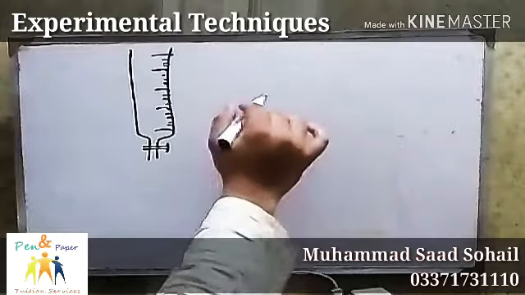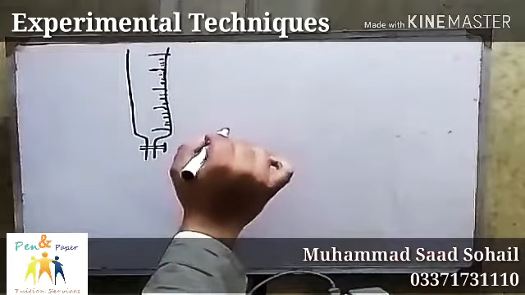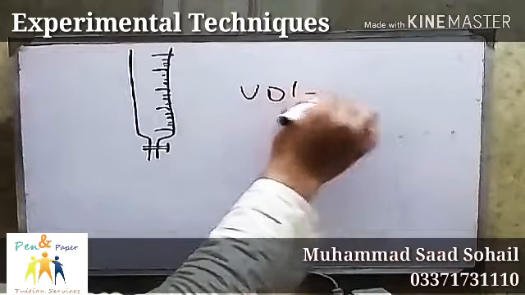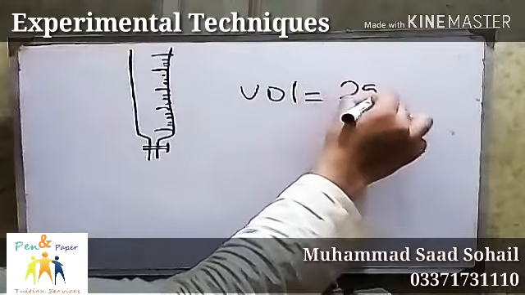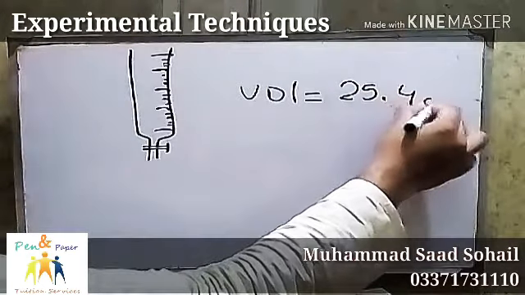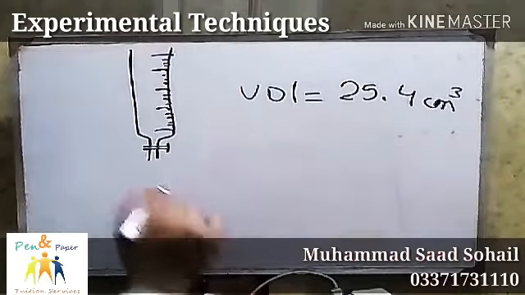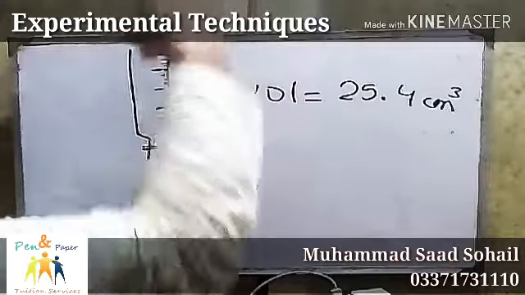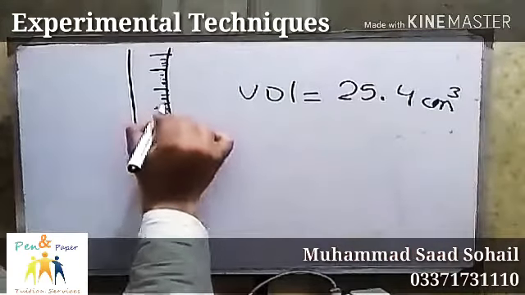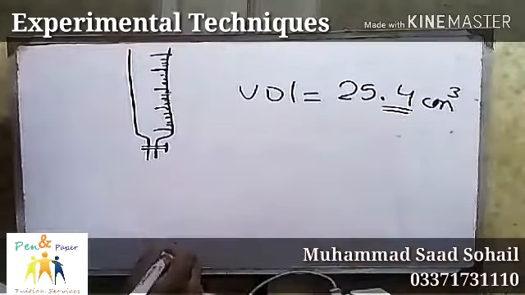For example, you want to measure an amount of liquid with the volume, say, 25.4 cubic centimeters. You would fill the burette from the top, and these markings would be able to measure to the nearest 0.1.